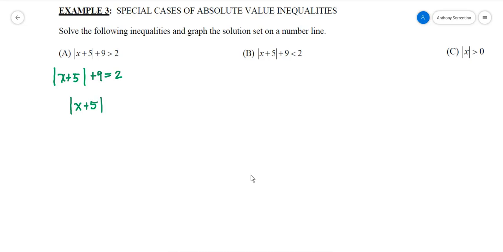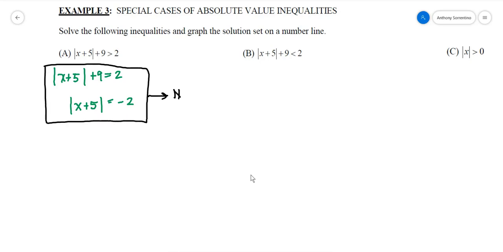I get rid of that plus 9 first, and that equals a negative 2. There is no way for the x plus 5 absolute value to equal a negative 2. The equation has no solution. And that's going to be the same for b too. I'm going to have the same thing.